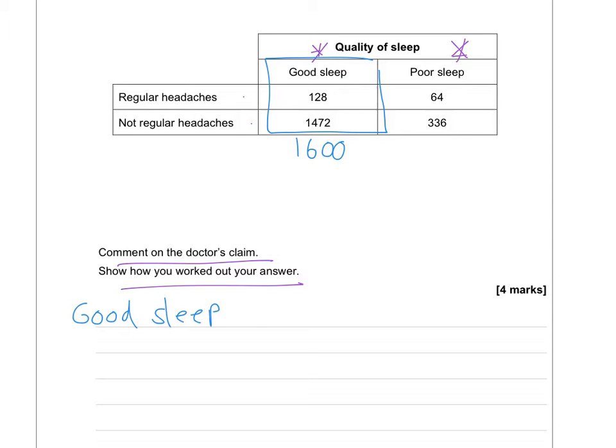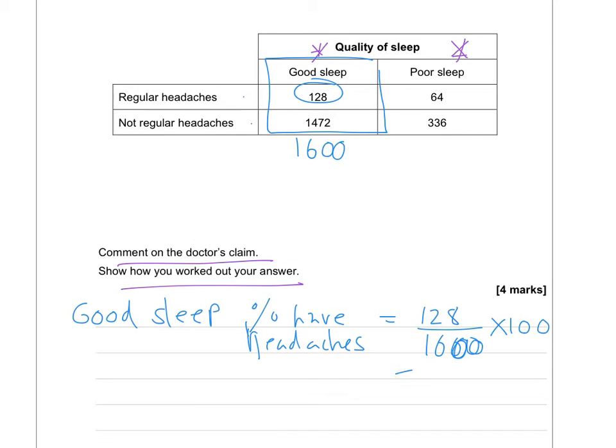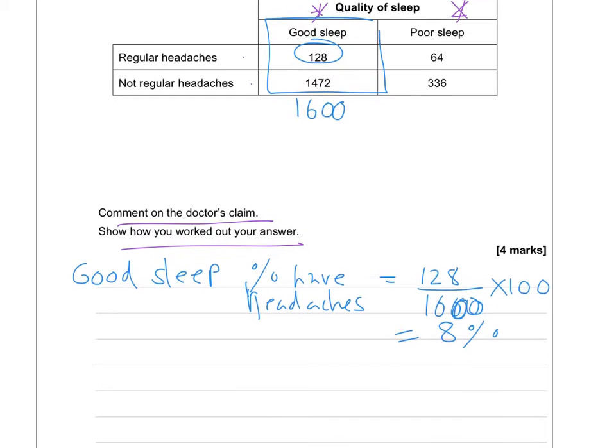We want to know what percentage have regular headaches. Now, this is equal to the number who have regular headaches, 128, divided by 1,600, multiplied by 100. And this comes to a value of exactly 8%. We're now going to do the same for those who have poor sleep.